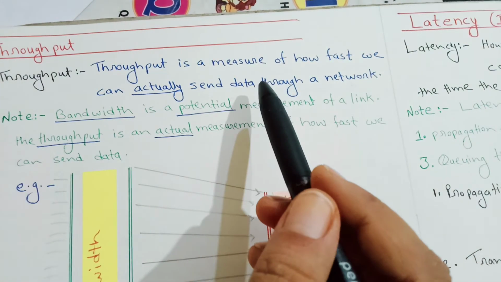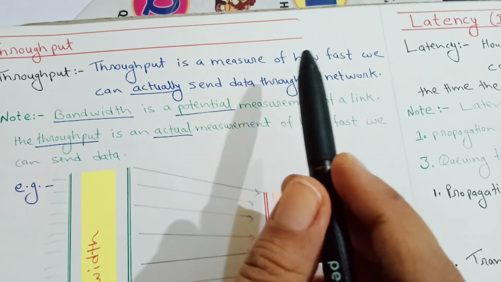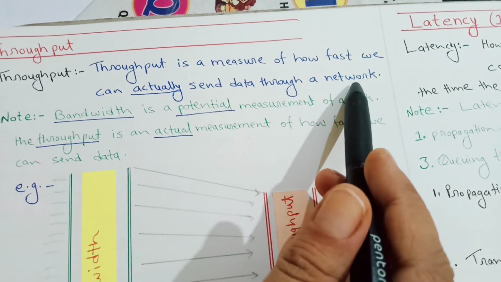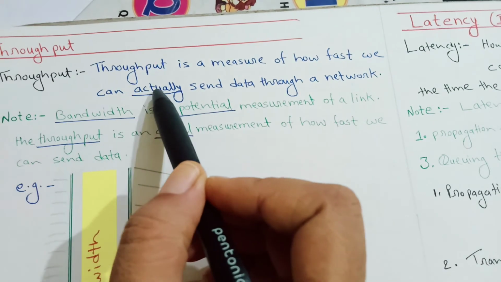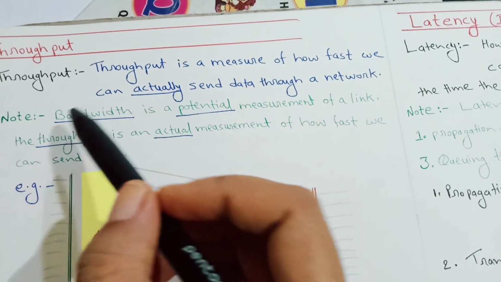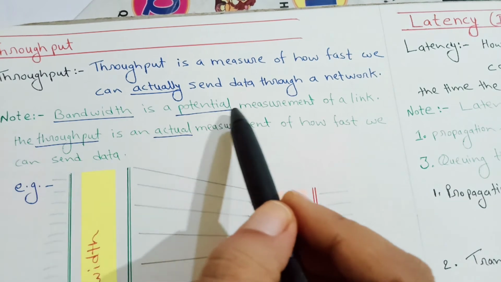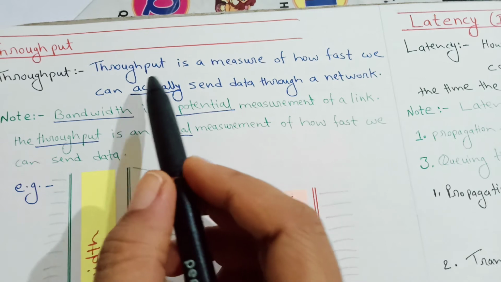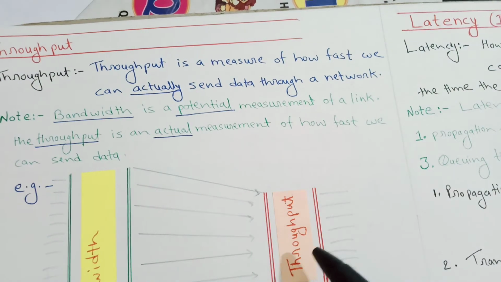It is the actual result, and bandwidth is a potential measurement of a link. This is potential, but throughput is actual.